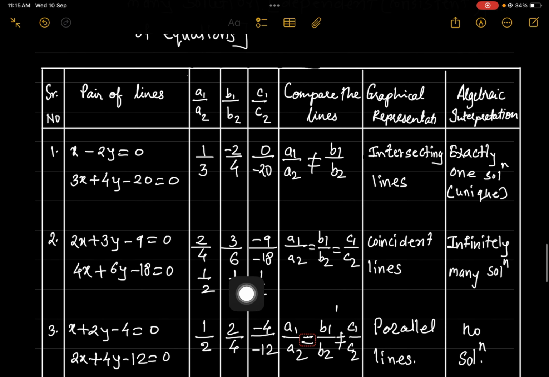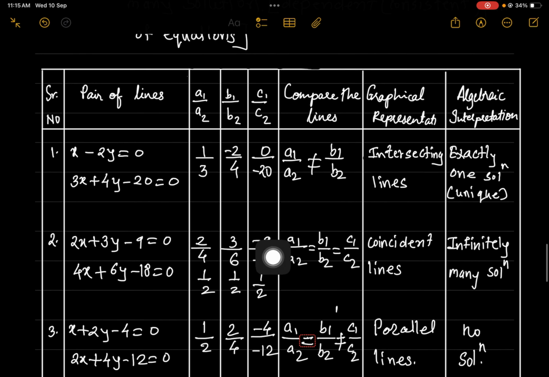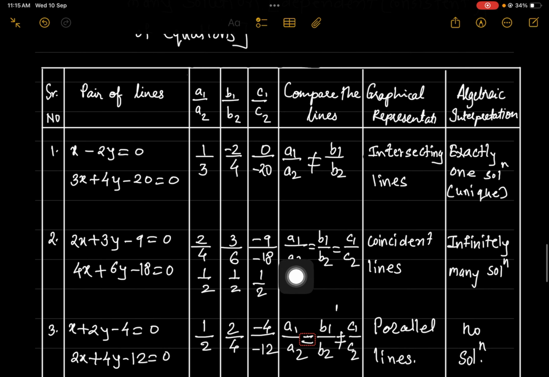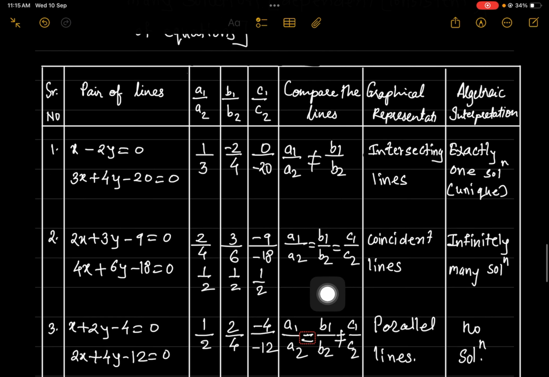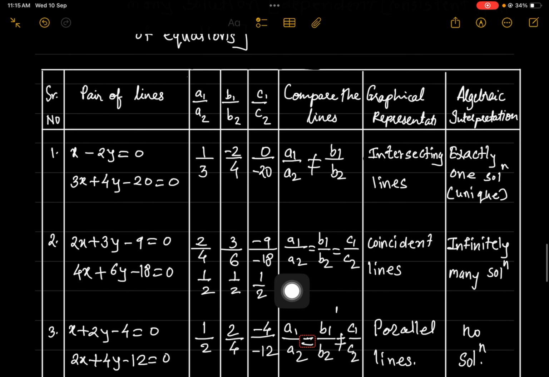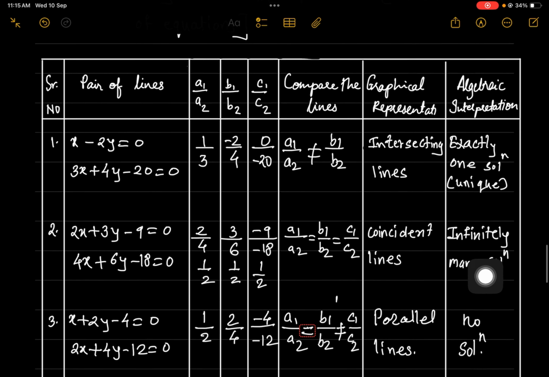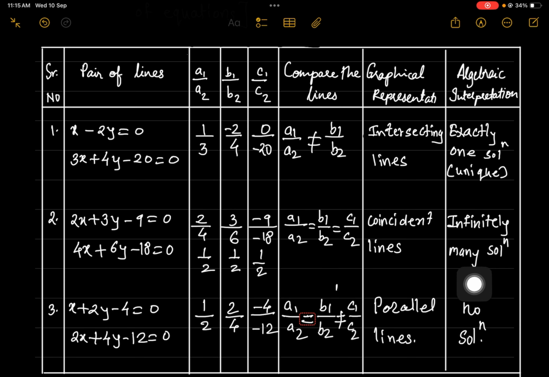If ratios are the same, they are coincident, and many other numbers are coming. 1 upon 2, if 5 upon 10, then also you will get 1 upon 2, 6 upon 12, then you also get like this. So infinitely many solutions, meaning the ratios are coming the same.